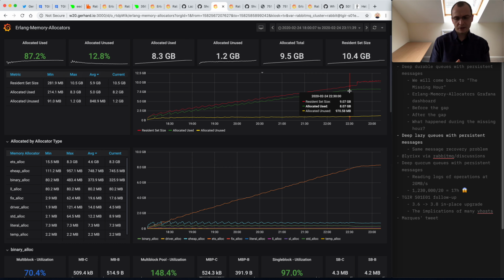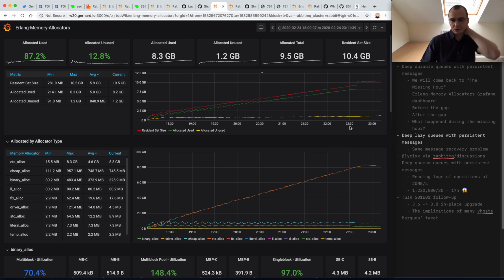This is configurable, by the way. You can also reject new messages. You can reject or you can drop incoming messages, but by default, the oldest message gets dropped to make room for the new messages. And when that starts getting applied, we can see that the memory jumps from 9 gigs to 10 gigs. So there's about a gigabyte extra.